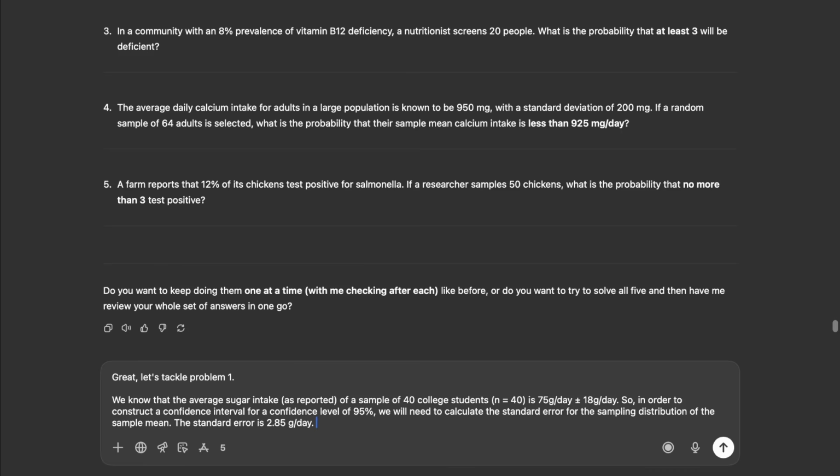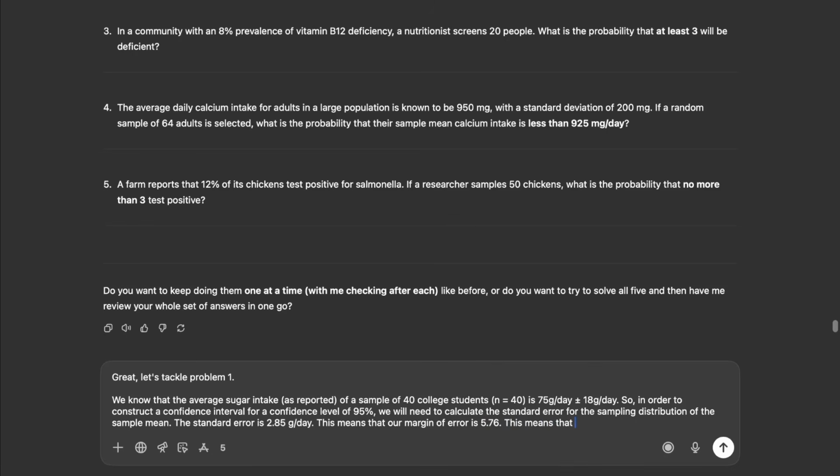So 5.76, what does that mean? That means that if we were to construct our 95% confidence interval, we would take the sample mean, which was 75. So actually, what we need to do first is, this means that our margin of error is 5.76.